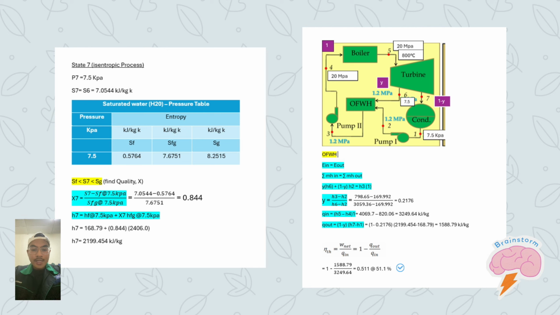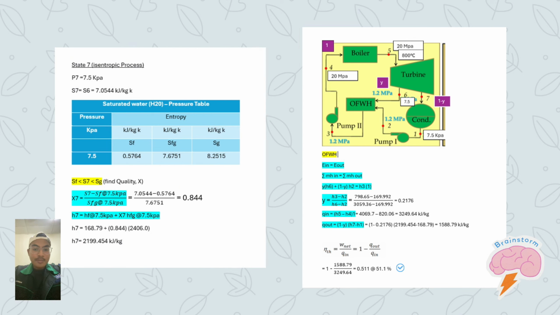So the value of X7 is 0.844. So we put the X value in H7 equal to Hf plus X Hfg and get the H7 value equal to 2199.454 kilojoule per kg.